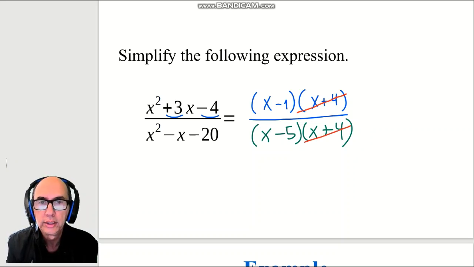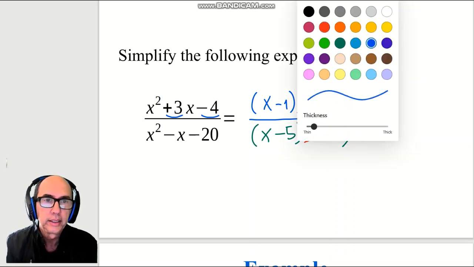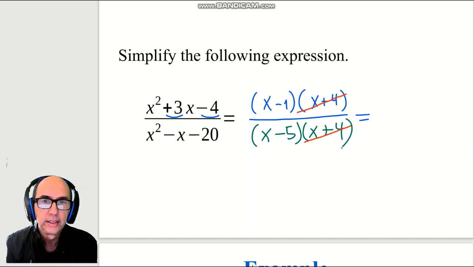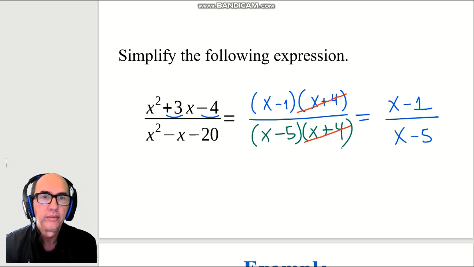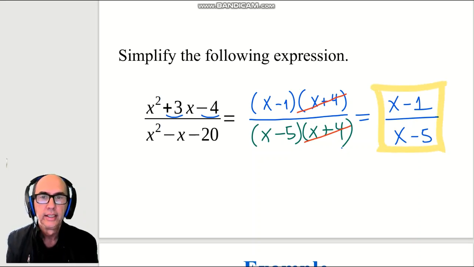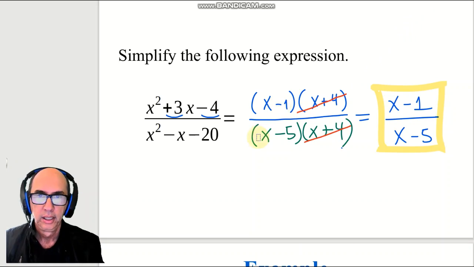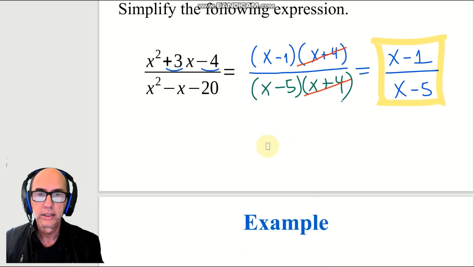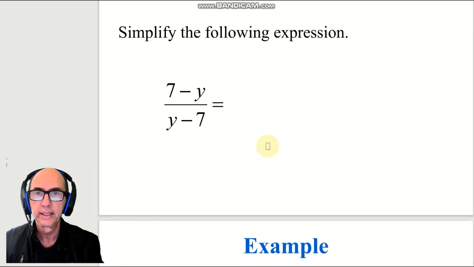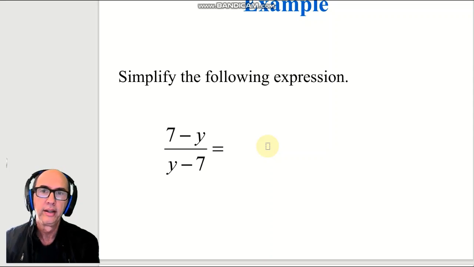So we can just cancel out. And the simplest form of this is x minus 1 over x minus 5. That is our final answer. See, it's not so hard. We just have to use some methods that we covered last section, 5.7.